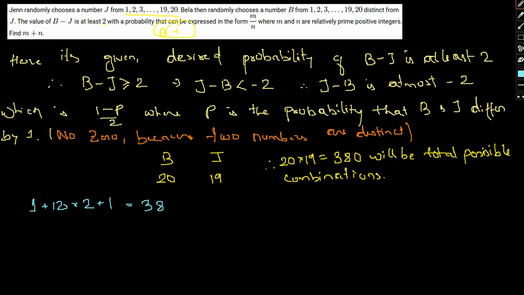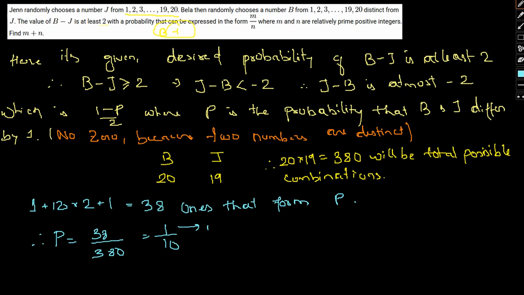Okay, 38 ones that form p. With that said, therefore P equals 38 by 380, which would be 1 by 10. Here M is 1, N is 10.